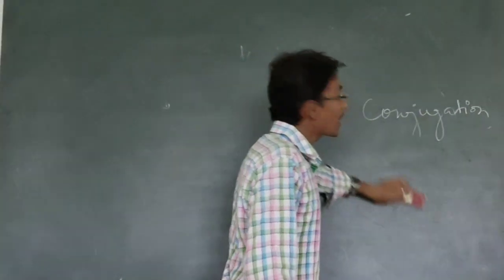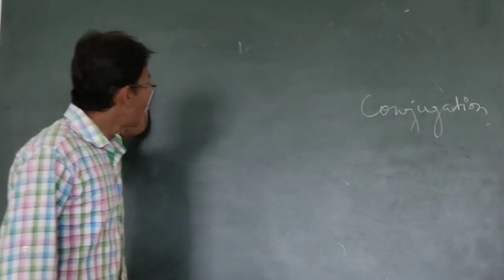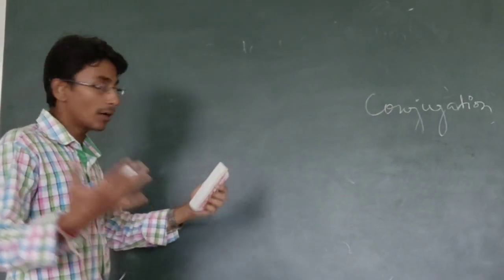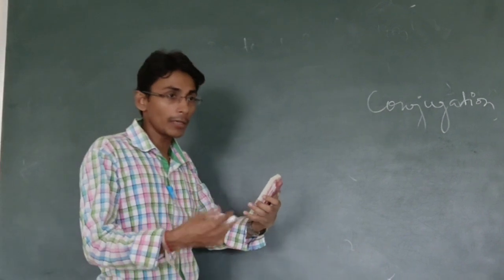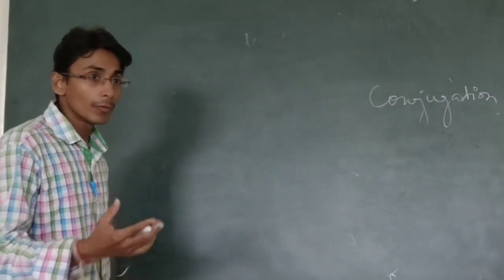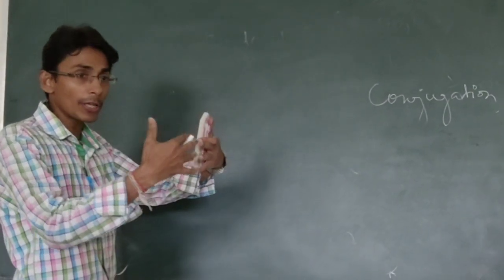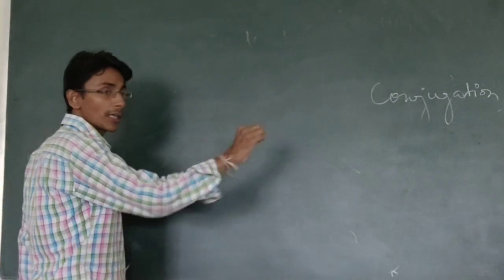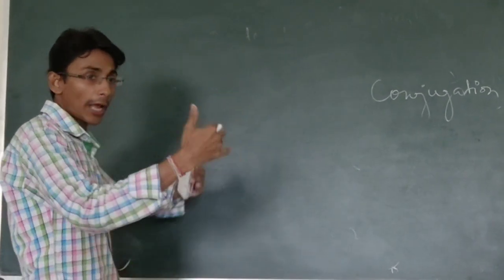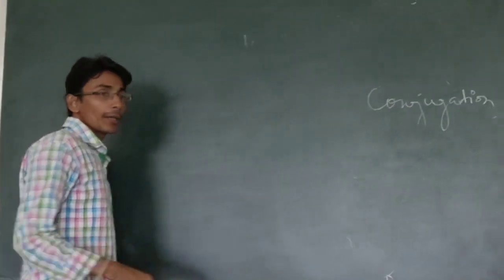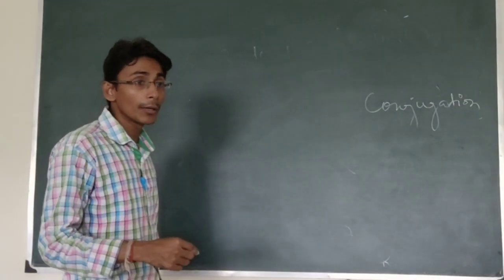So in bacterial conjugation, as I said, there will be a physical contact. How do they attach? What is the actual adjacent point? They attach by pili.